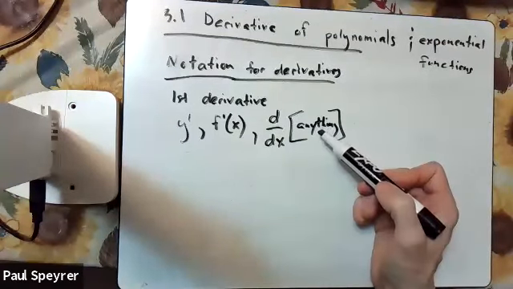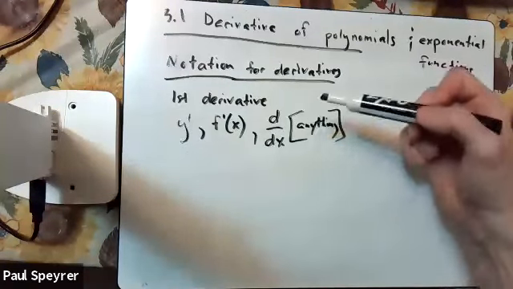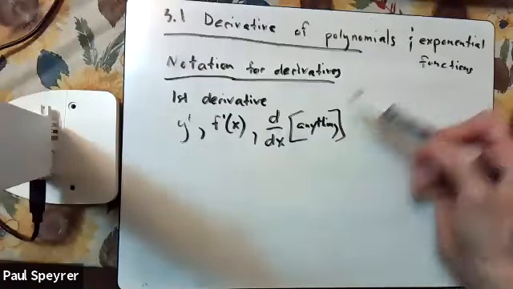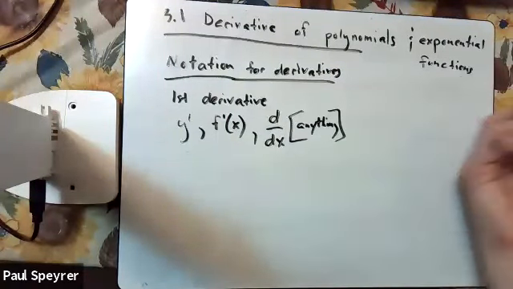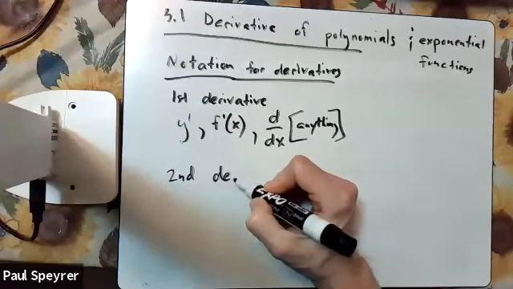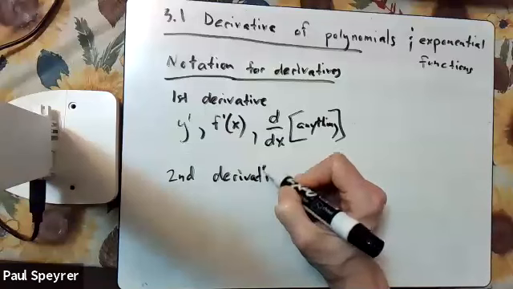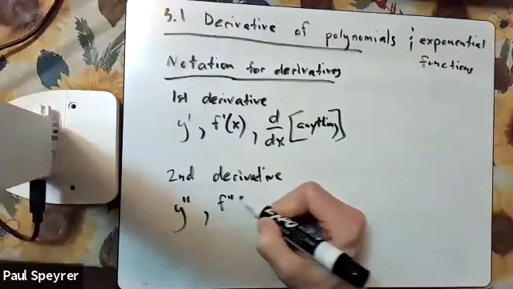So when I say anything, it could be a number, a polynomial, exponential function, trig function, log function, any of that stuff. So when you see this d dx, that means first derivative, okay? Like if you saw something denoting a second derivative, we also have y prime prime or f prime prime of x.